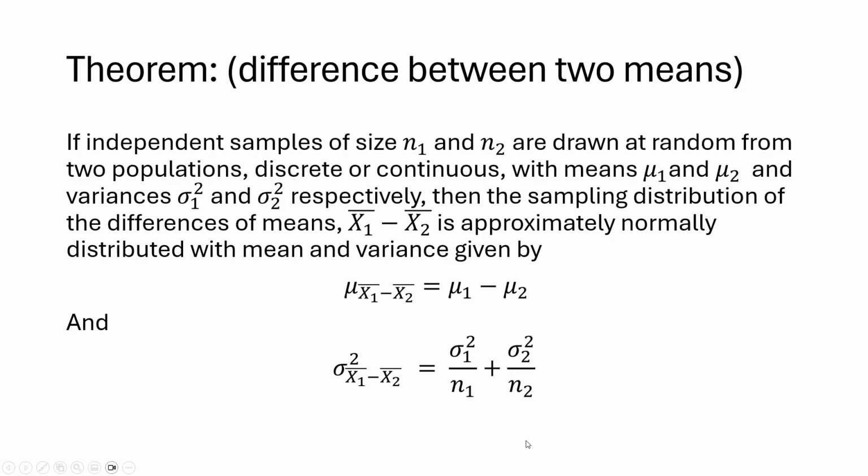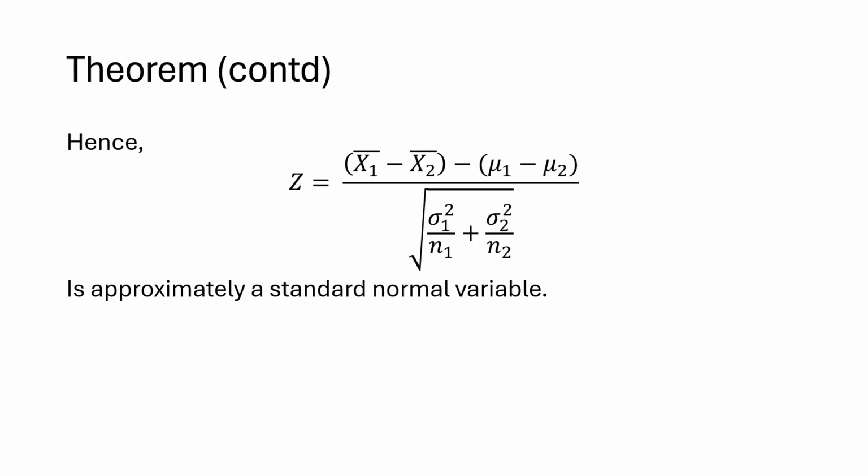This difference actually follows the standard normal distribution, which is given by x1 bar minus x2 bar minus (mu1 minus mu2) divided by the square root of sigma 1 square by n1 plus sigma 2 square by n2.